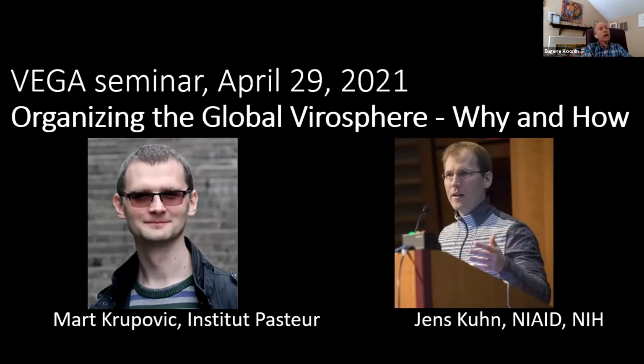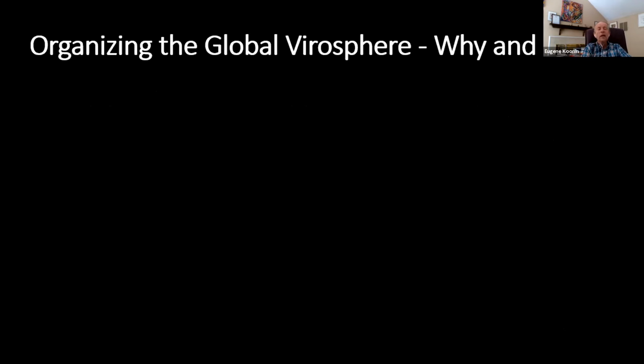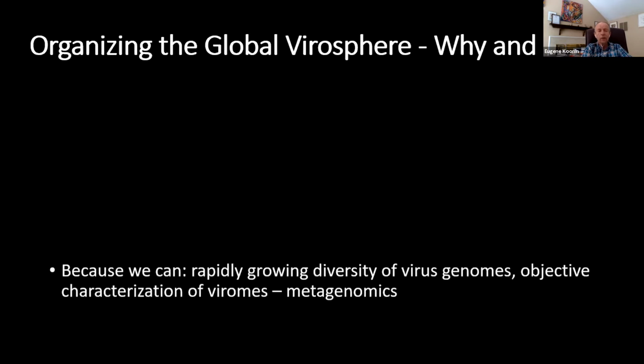I'm both delighted and feel slightly awkward to introduce these speakers because we have been working together very closely on these subjects, but their contributions are the main, so I'm more delighted than awkward.